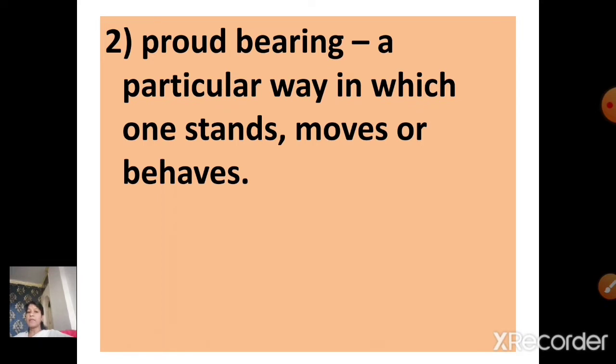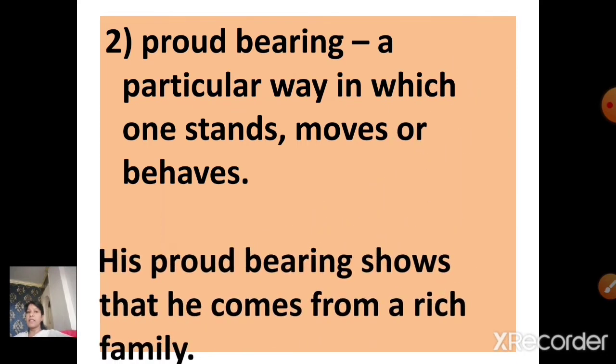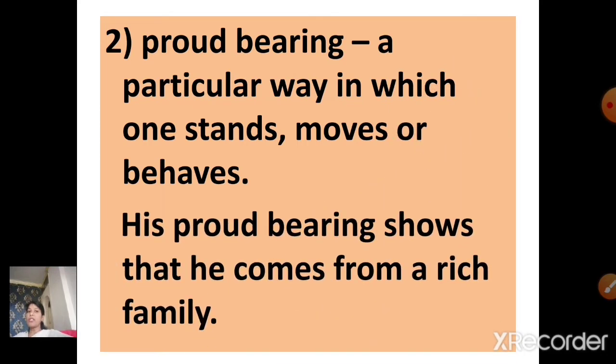B-E-A-R-I-N-G, bearing. Proud bearing means a particular way in which one stands, moves or behaves. Now the sentence: His proud bearing shows that he comes from a rich family.